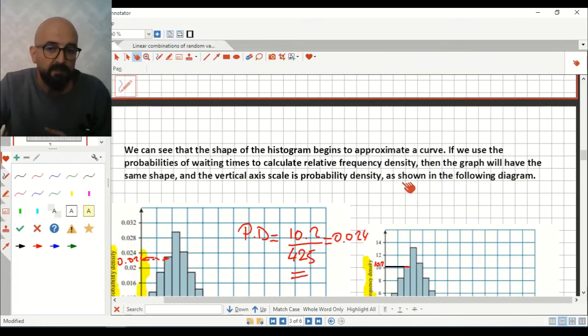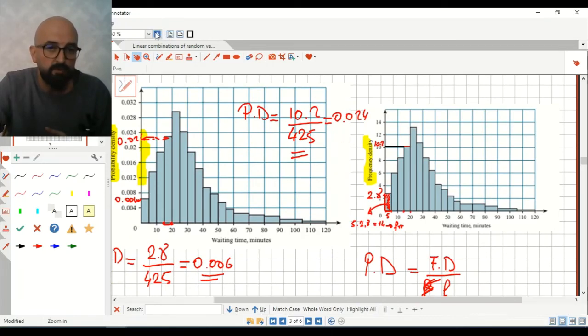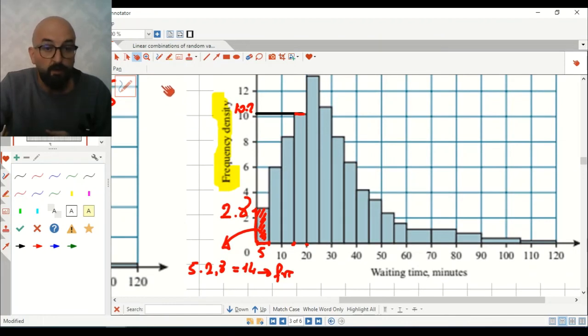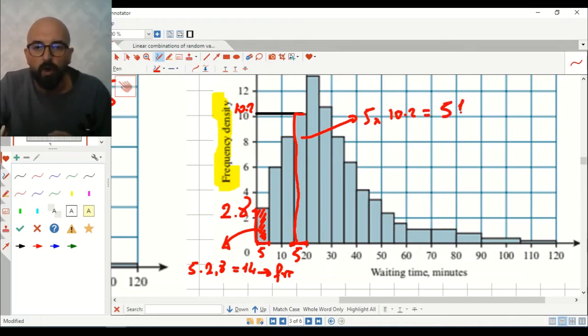For example, if you think in reverse for this column, this distance is 5 and this distance is 10.2. So this area is 5 multiplied by 10.2. You can find 51.